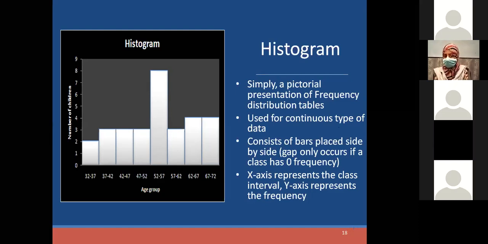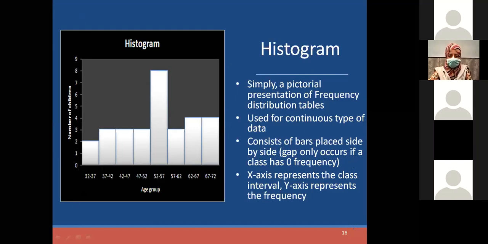The only space that can be seen is when a category has 0 frequency, then you might have a distance between one bar and the other. Otherwise, for continuous data, there is no space in between. So the gap only occurs if the class has 0 frequency.